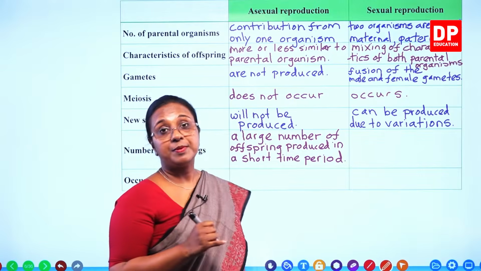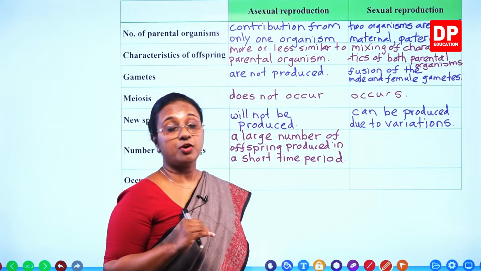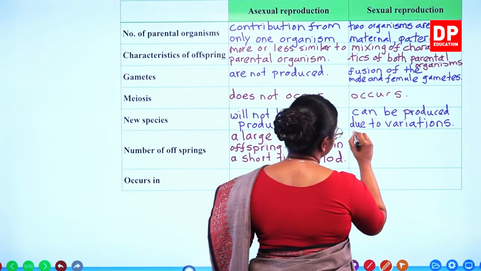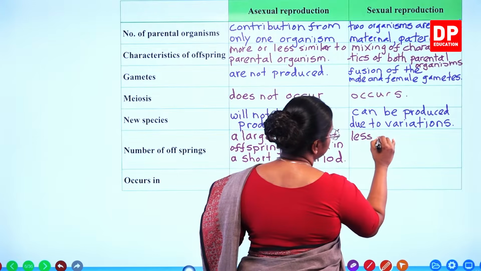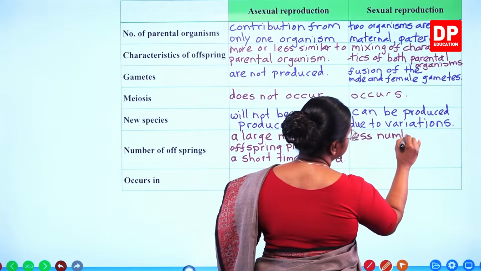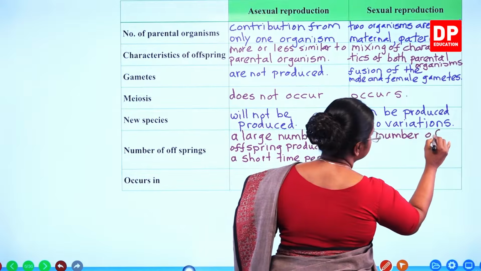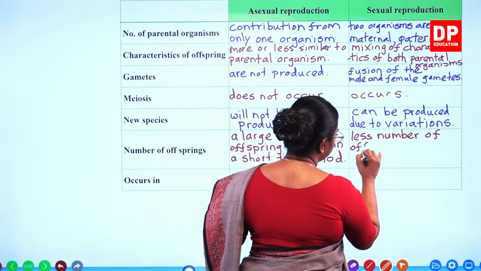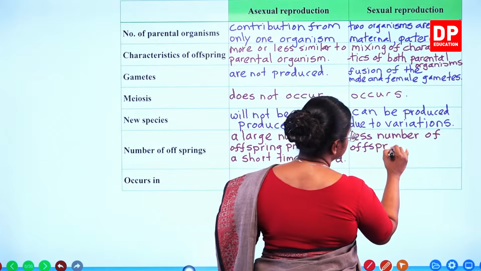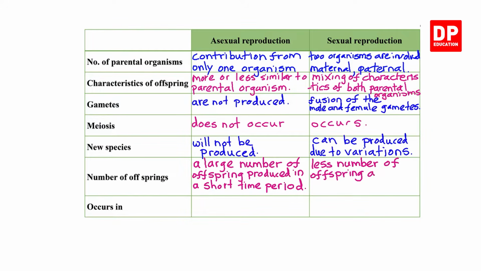During sexual reproduction, fewer offspring are produced.